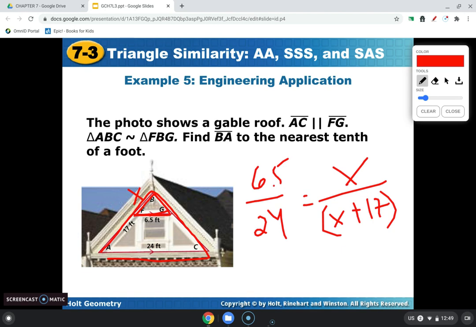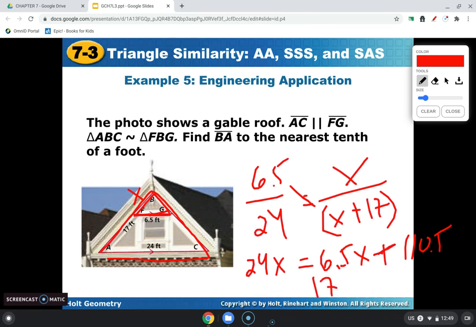So when you solve that, make sure you put it in parentheses. So I'm going to cross multiply: 24x equals, distribute here, 6.5x plus, what's 6.5 times 17, which is 110.5. Subtract 6.5x from over there, so 17.5x equals 110.5.